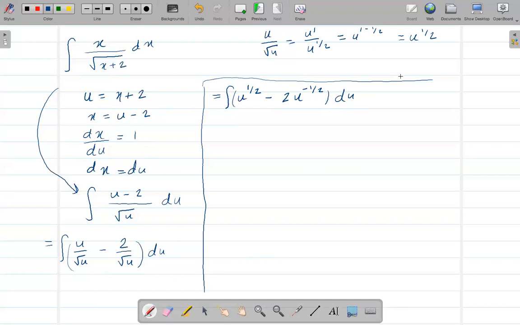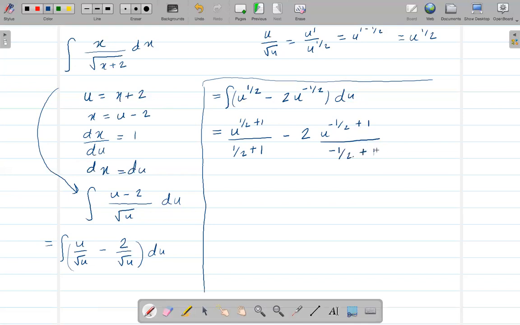Now we can take the integration of each part separately. If I take the integration, we will get u to the power 1/2 plus 1 over 1/2 plus 1, minus 2 times u to the power minus 1/2 plus 1 over minus 1/2 plus 1.